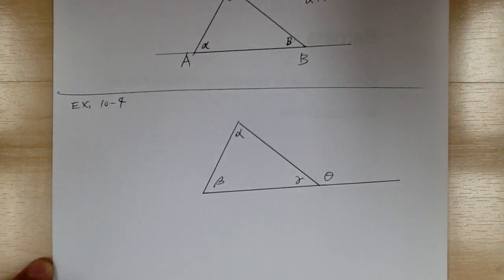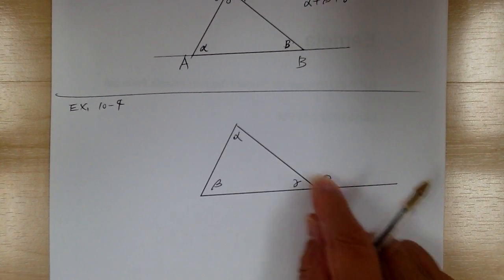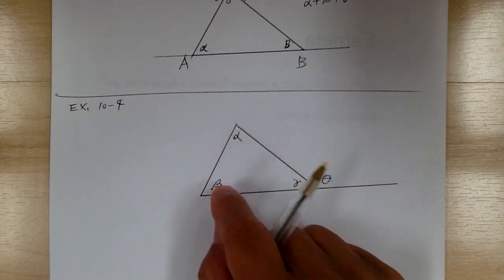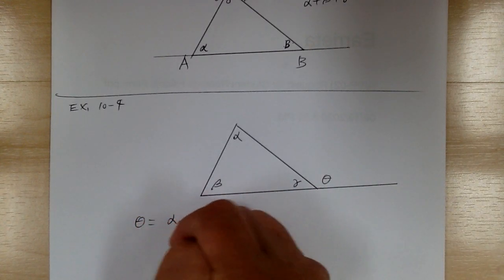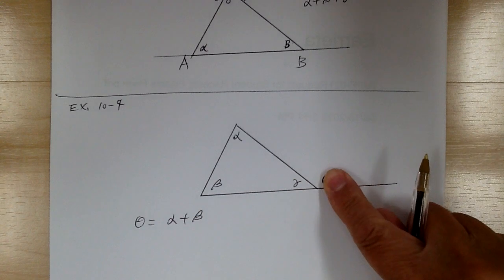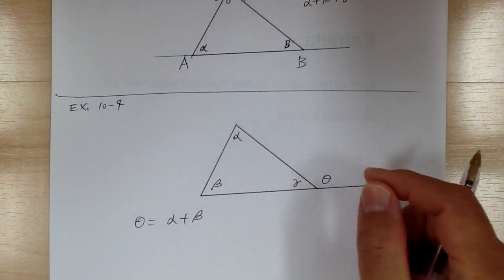The exterior angle theorem says that the exterior angle is equal to the sum of the two remote interior angles. Okay, so what it's saying is that theta equals alpha plus beta. So the exterior angle equals the sum of the two remote, meaning further away, interior angles.